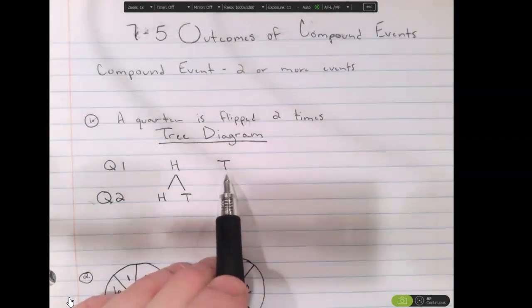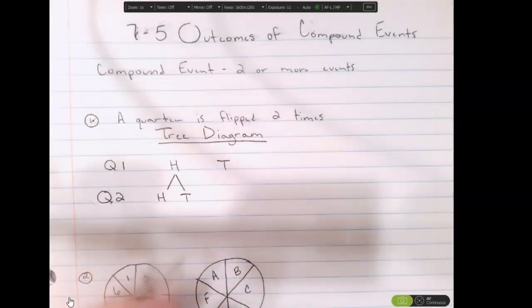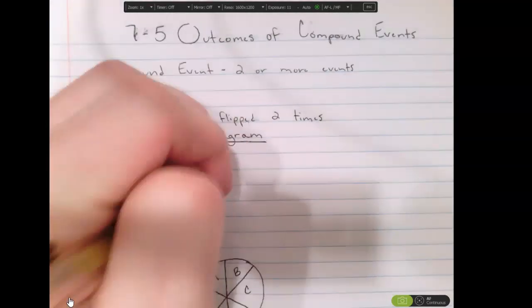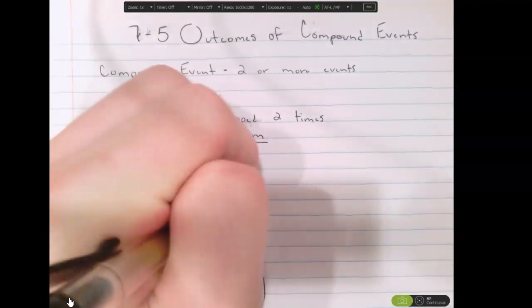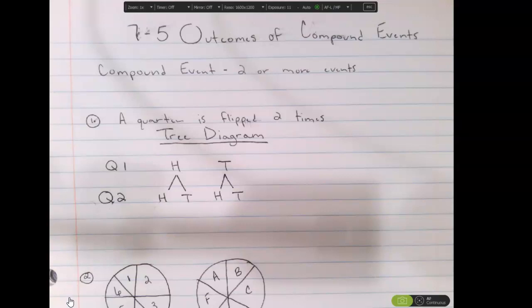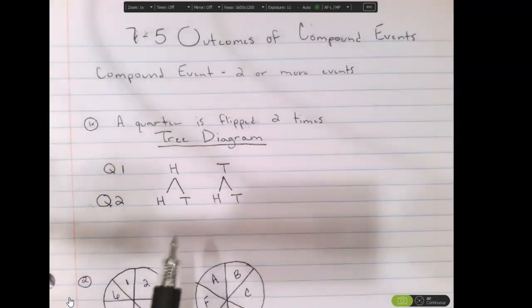Say I were to have flipped tails the first time. Well, the next time I flip the quarter, I could also have the possibility of flipping heads or flipping tails. So this is my tree diagram.